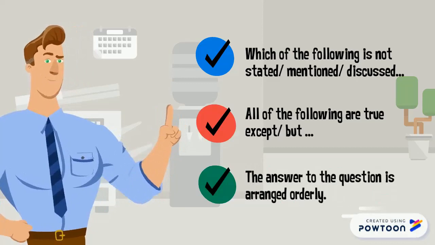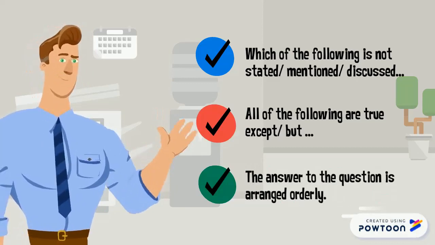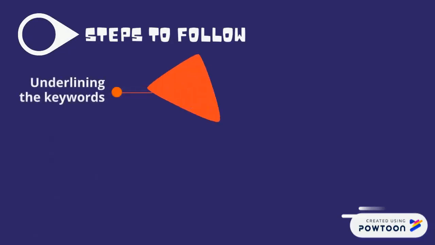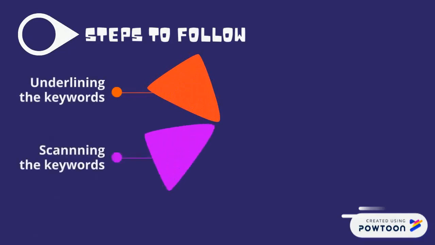To continue, I will provide you with some steps for tackling these questions. Like stated detailed questions, first, you have to choose and underline the keywords in the questions. Then, scan the appropriate place in the passage for the keyword or related idea.